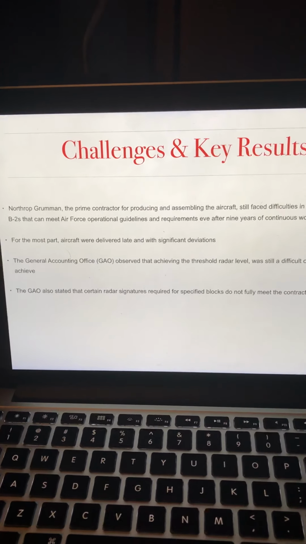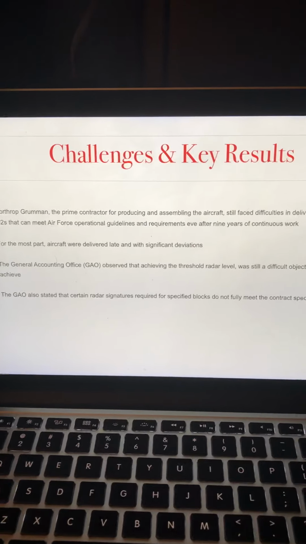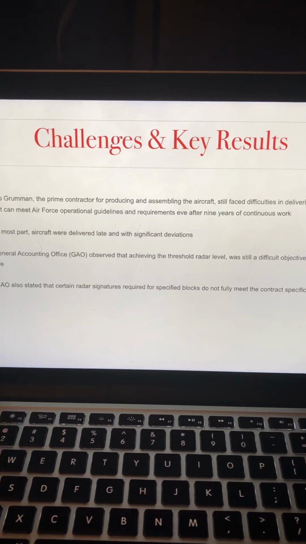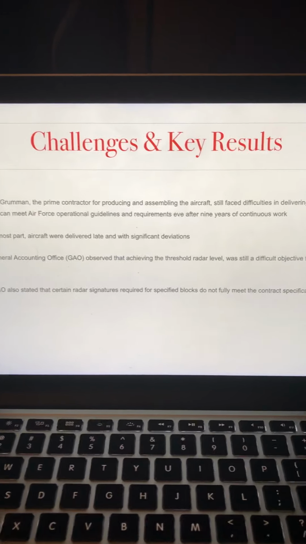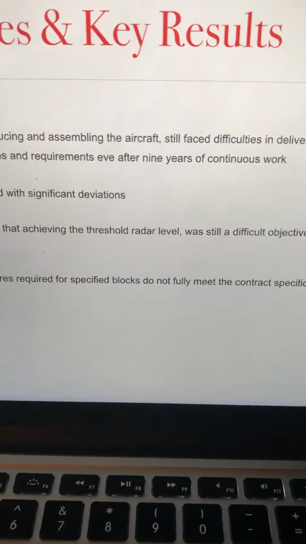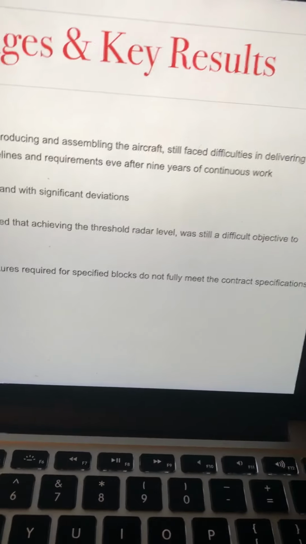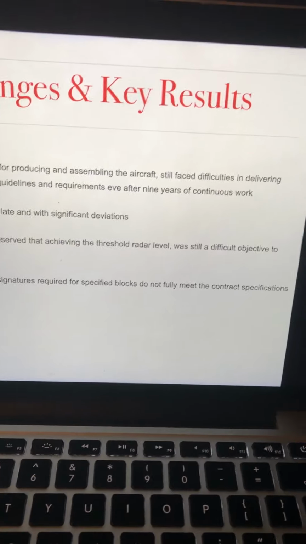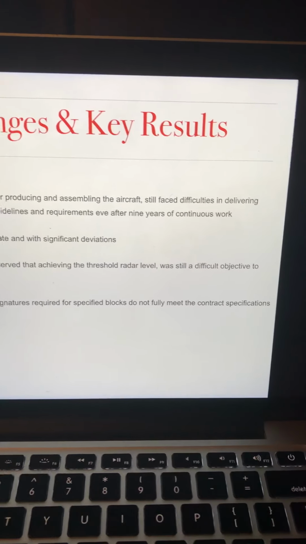The General Accounting Office, or GAO, observed that achieving the threshold radar level in order to go undetected was still a difficult objective to achieve. The GAO also stated that certain radar signatures for specified blocks don't really meet the contract specification, which can create erratic problems and aberrations from what is needed.